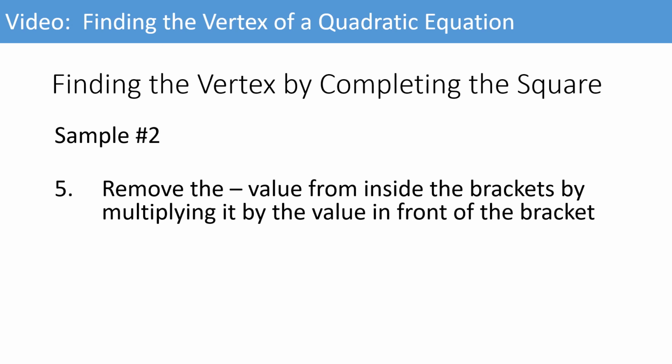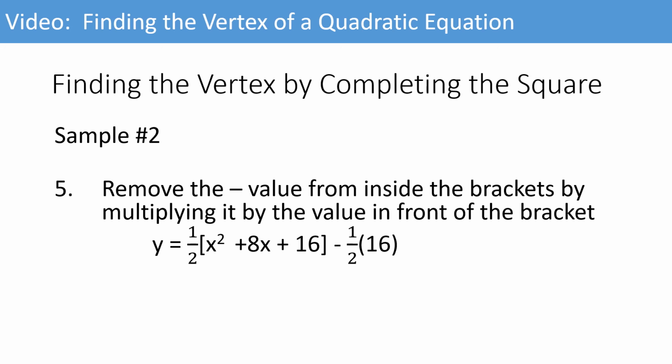Remove the minus value from inside the brackets by multiplying it by the value in front of the brackets. This means to take out the negative 16 by multiplying it by 1/2.